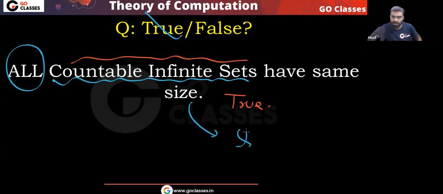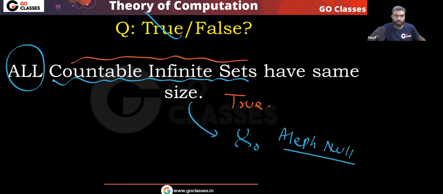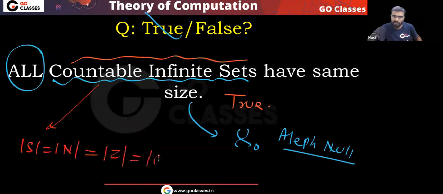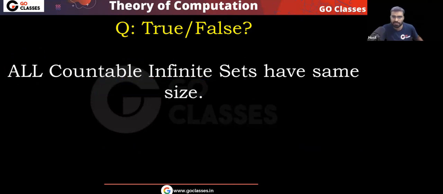That size is called ℵ0. So all the countable infinite sets have the same size, equal to the set of natural numbers, the set of integers, the set of rational numbers, the set of all strings. So this is the idea. Is this clear? Please tell me.